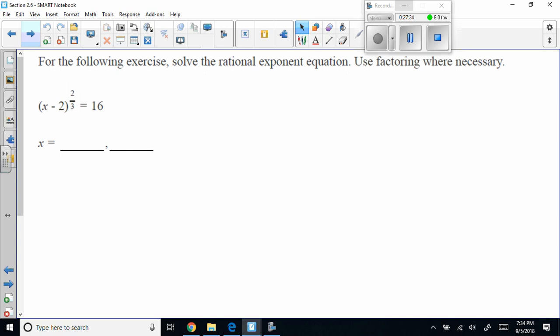Anybody know why I'm going to raise both sides to the third power? I could rewrite it as the third root of x minus 2 squared, right? Because it's got a fractional power. The denominator is the root, and the top is the power the radicand is being raised to. But we're just going to get a little crazy with some stuff. So here we go.